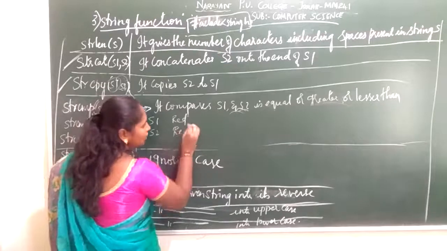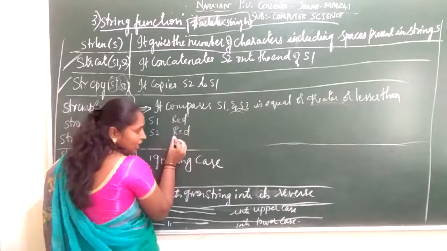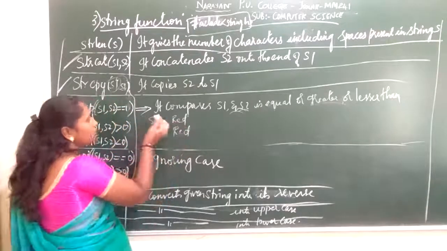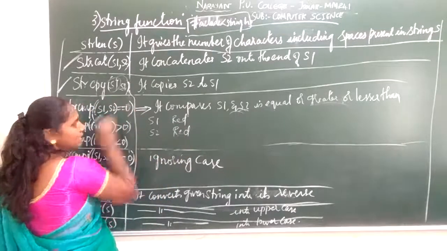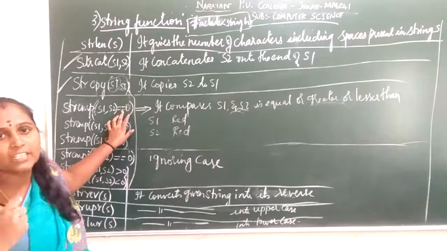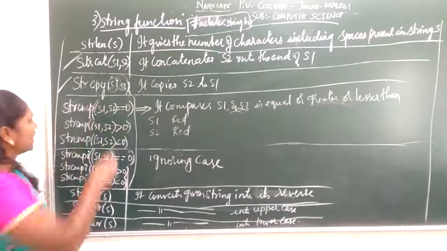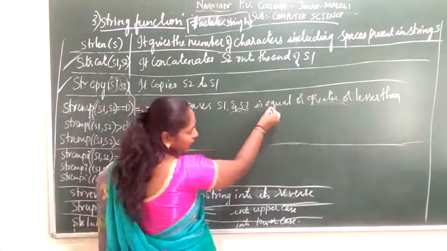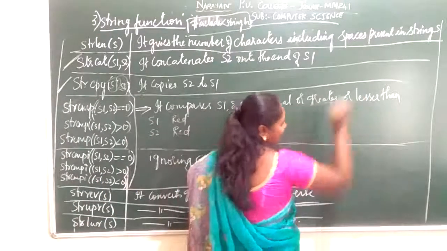Suppose I have taken R in capital, here also R should be in capital. In such a case, it will produce the result 0. That is, it gives the condition true. If both strings are equal, it compares the two strings to see whether one is equal, greater than or lesser than the other.